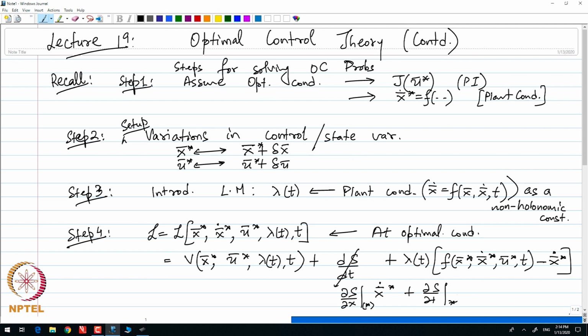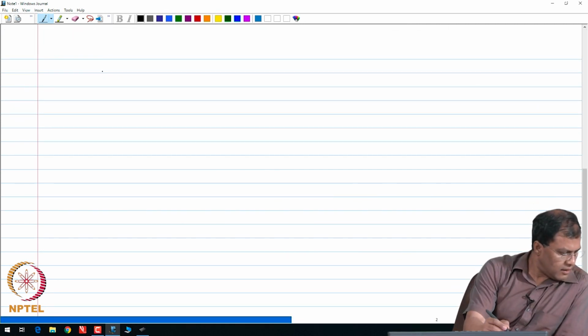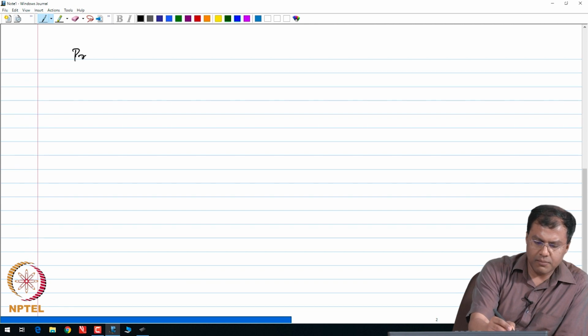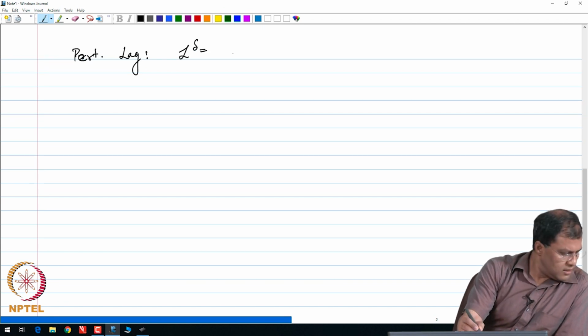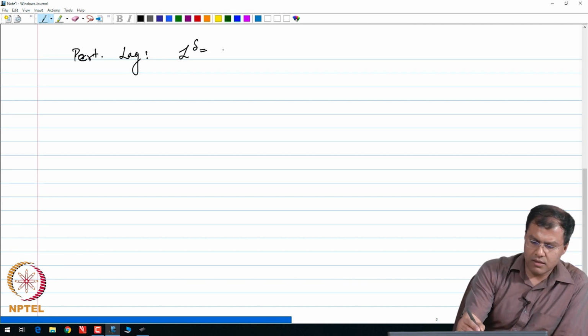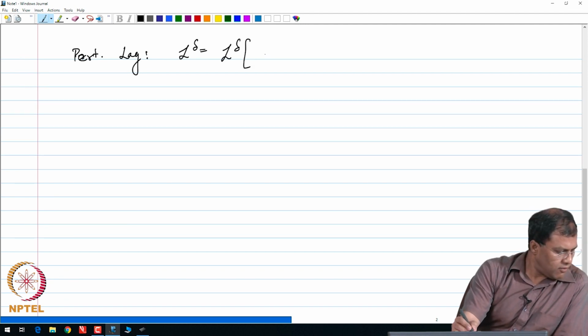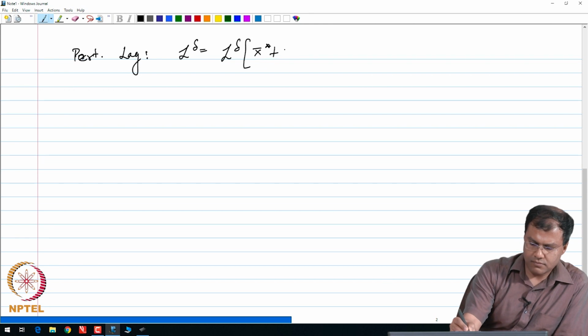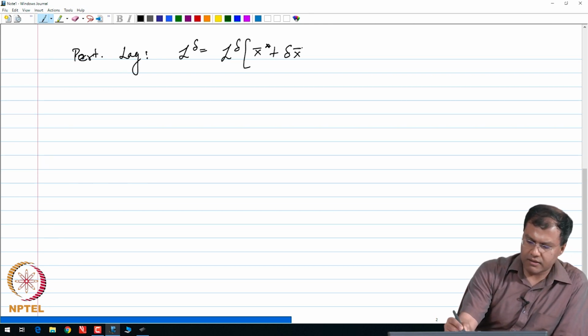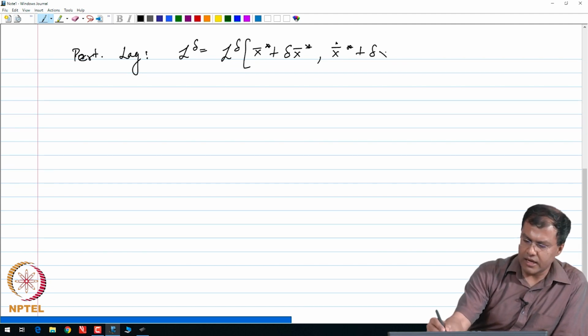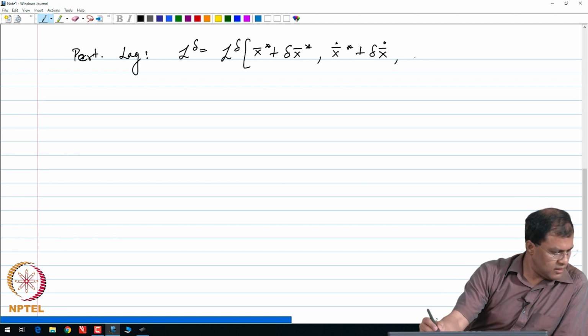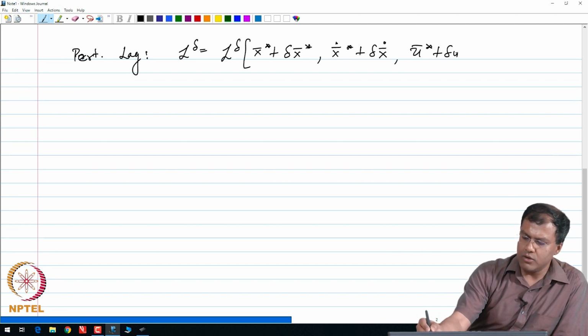Similarly, we call the perturbed Lagrangian L delta, L delta of x bar star plus delta x, x bar dot star plus delta x dot, u star plus delta u, lambda, t.